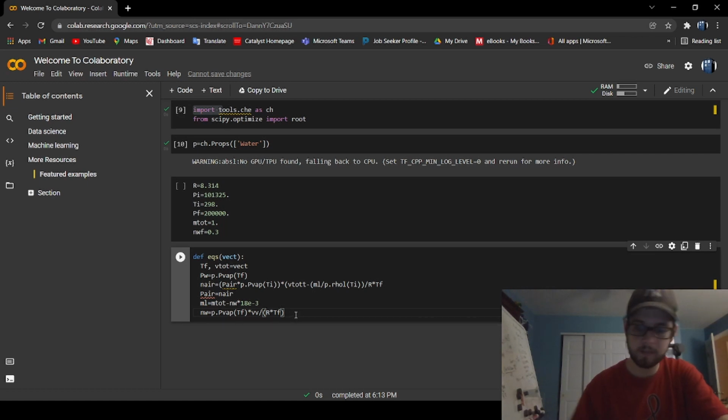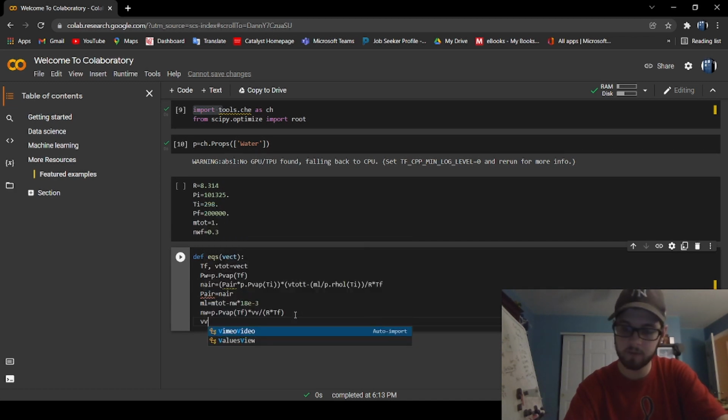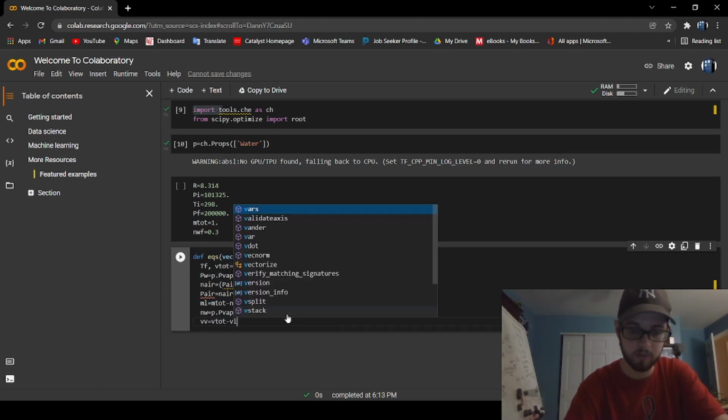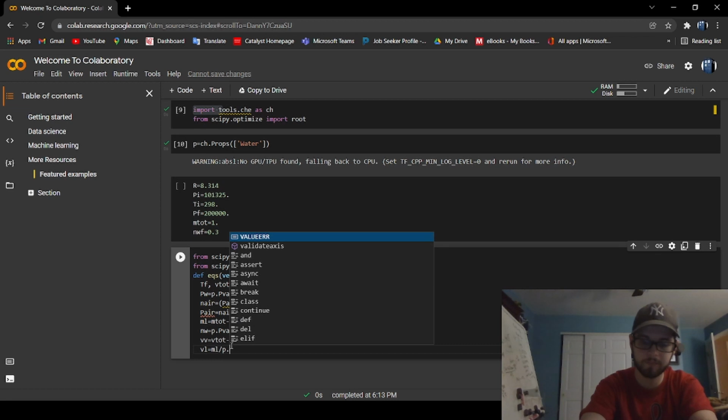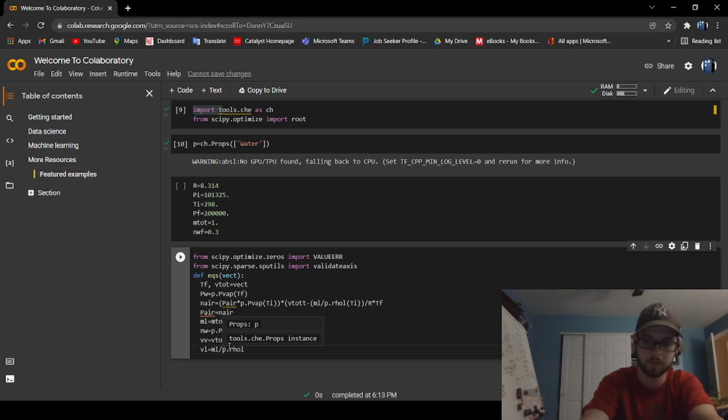And then I guess at that point we want the volume of the vapor is equal to the volume of total water minus the volume of liquid. And then the volume of liquid is equal to the mass of the liquid divided by rho, the density of liquid water specifically, at the final temperature.